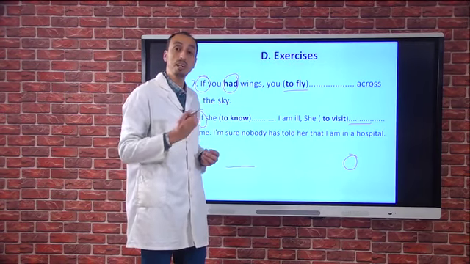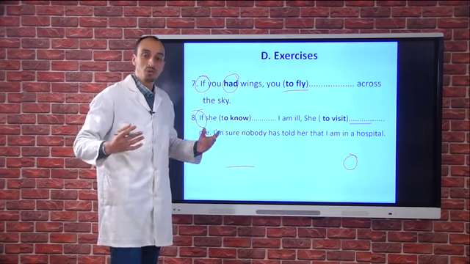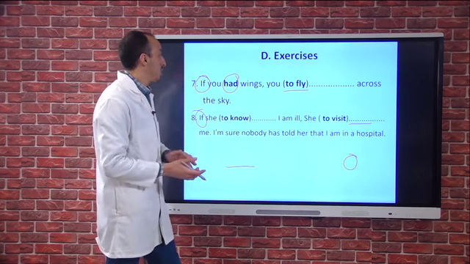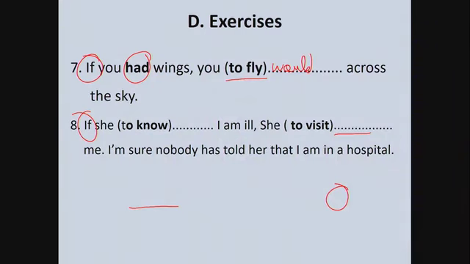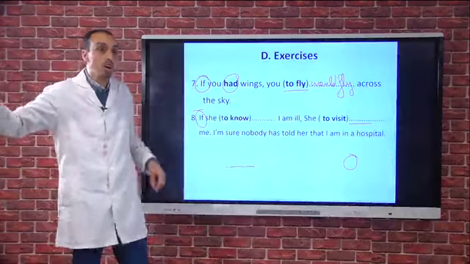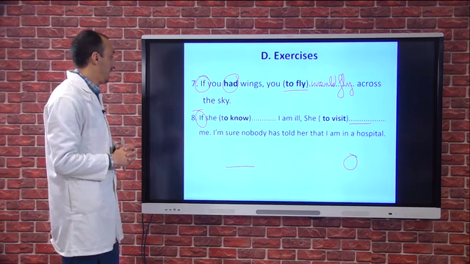So we have to supply the would plus verb. So what's your answer? You would fly. Excellent. Would fly. So if you had wings, you would fly across the sky. All right. That's really weird.